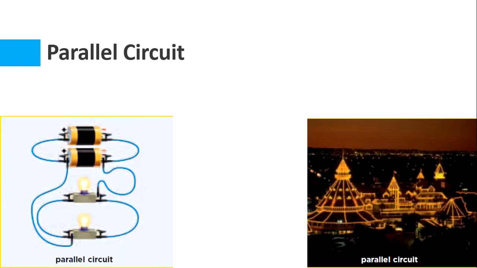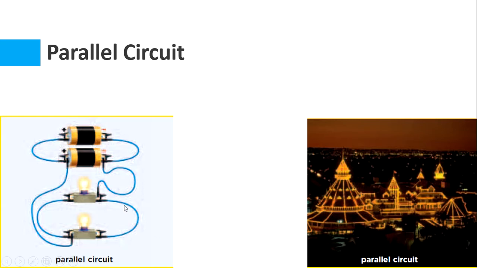On the other hand, in parallel circuits, as you can see here, there's not just one path but multiple paths along which current electricity can flow. For example, in a string of lights wired in a parallel circuit, if one bulb burns out, the others keep on working. The electric charge can flow to them because there are many paths.